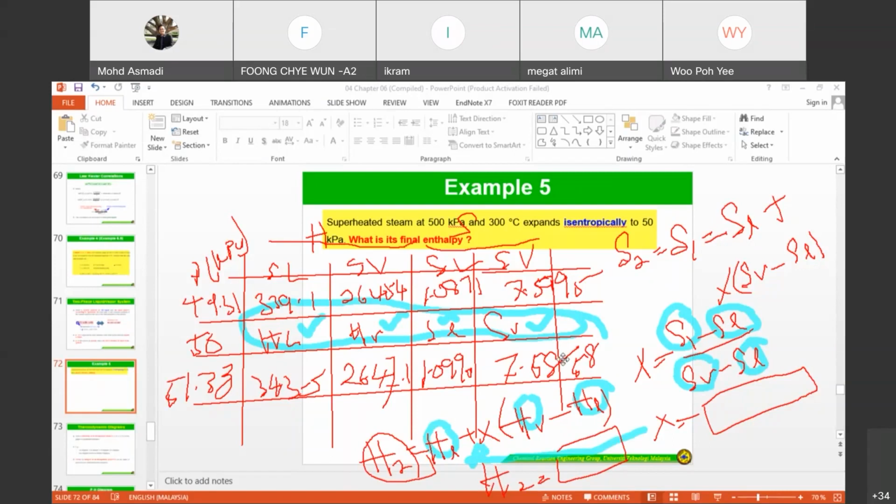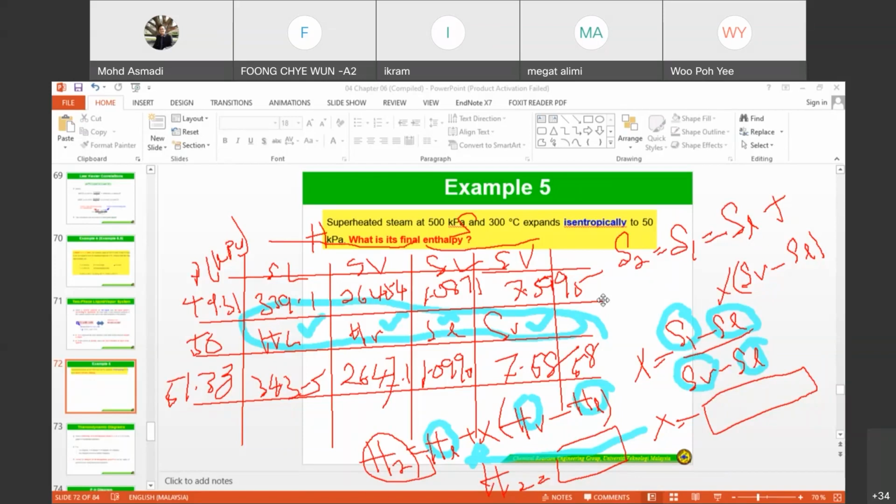Can you calculate? What's the answer? Okay, any questions about this one?